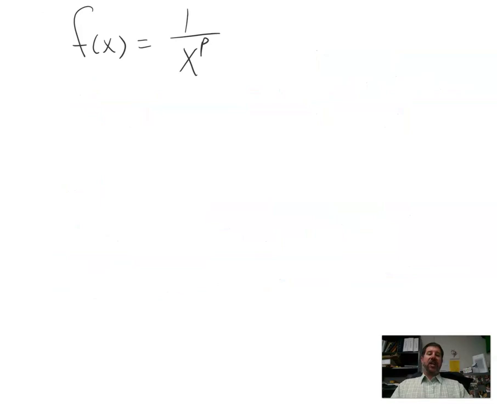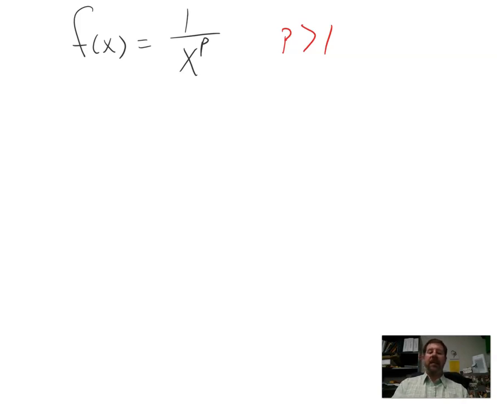If you remember, back in Chapter 8, we said if you had the function 1 over x to the p, where p was greater than 1, then this was going to converge from 1 to infinity, and it would diverge from 0 to 1. Because with series we're only going from 1 to infinity, that's the part we care about.